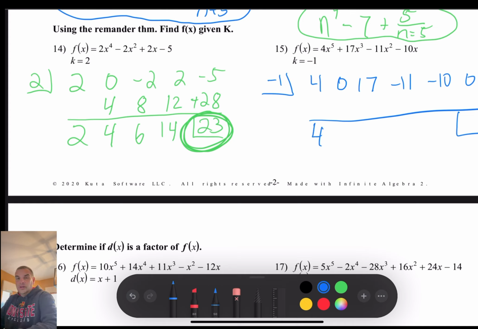So we pull 4 there. That gives me a negative 4. It gives me a negative 4. It gives me a big number, 4. 21. Negative 21. Something doesn't look right.